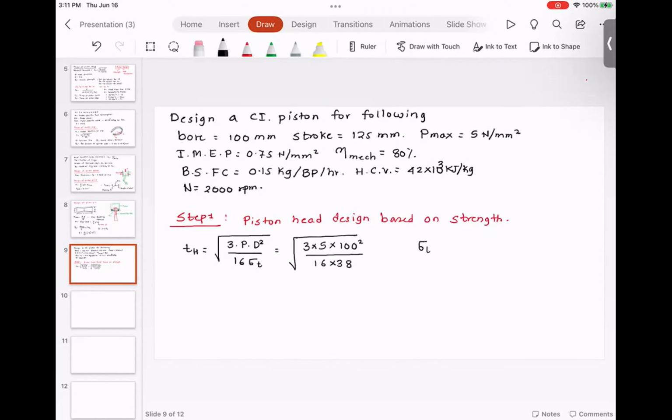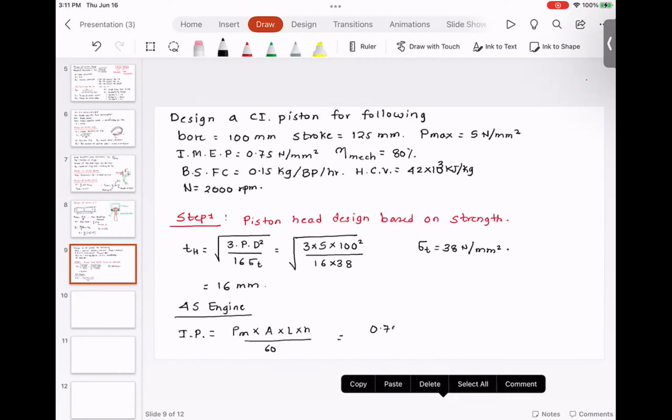I'm using sigma T. Four-stroke engine. 0.75.